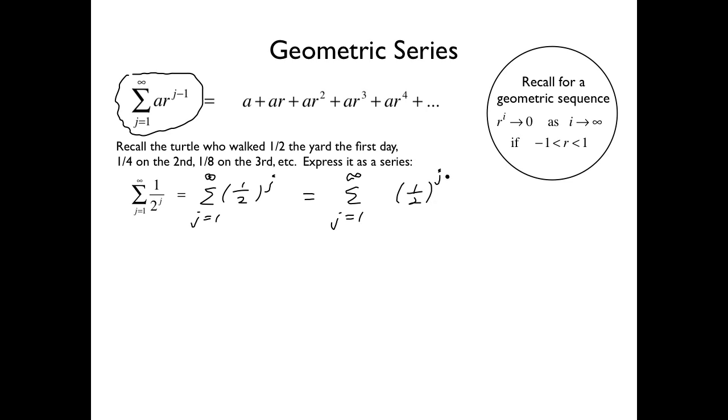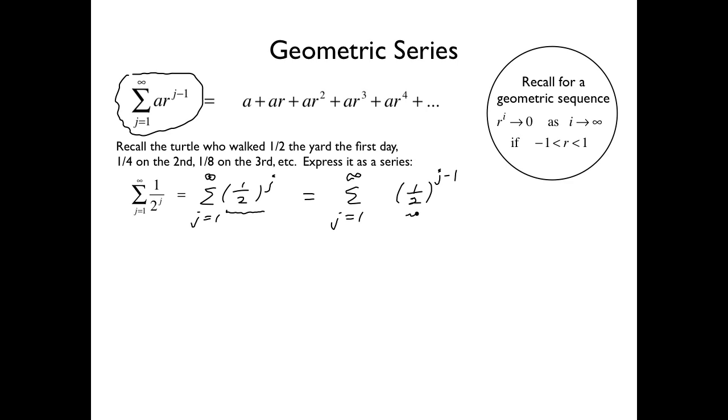So here's where your knowledge of exponents comes in. I need my sequence to be 1/2 to the j, but I need to have 1/2 to the j minus 1. So how do I adjust this? It goes back to the meaning of exponents. This means j number of 1/2s multiplied together.